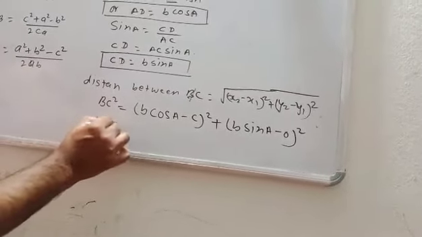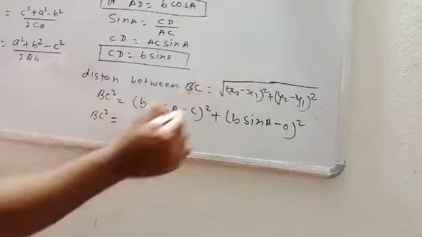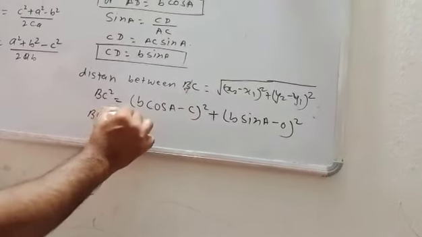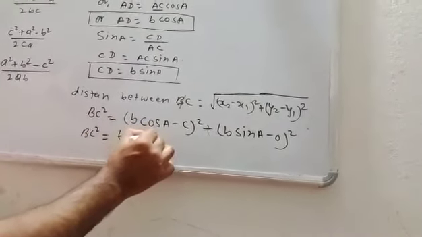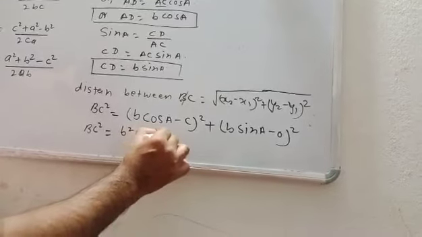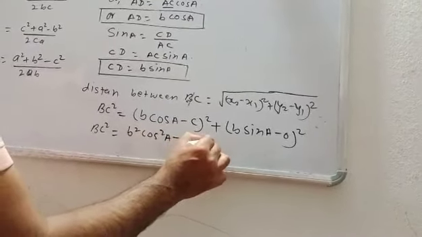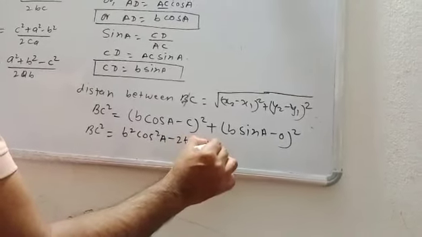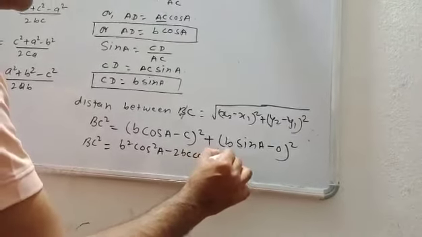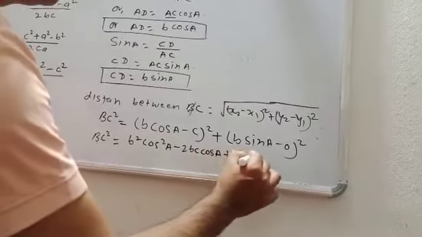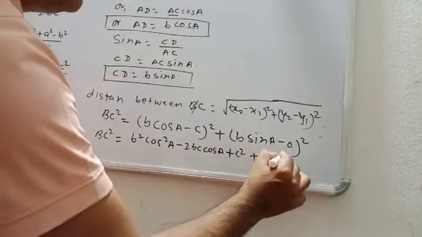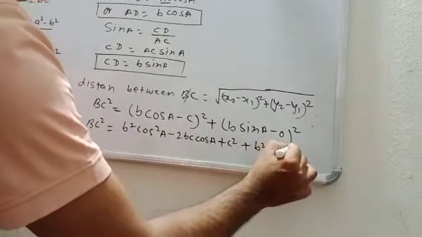BC square is equal to, on expanding, b square cos square A minus 2bc cos A plus c square plus b square sin square A.